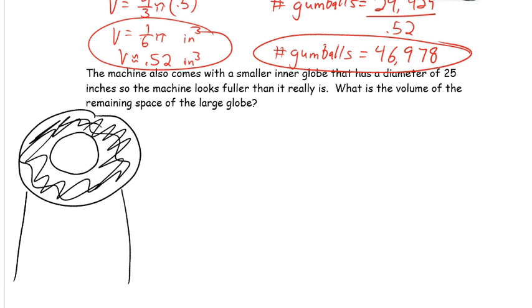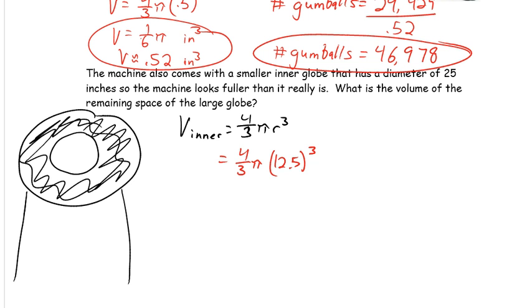So we know the machine also comes with a smaller inner globe. So we want to figure out that inner globe. So we have the volume of the inner, which is going to still be 4/3 pi r cubed. So 4/3 pi times, that would be 12.5 cubed, because the inner has a diameter of 25 inches.